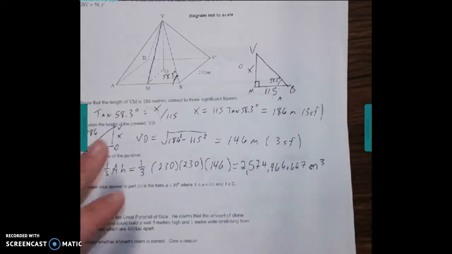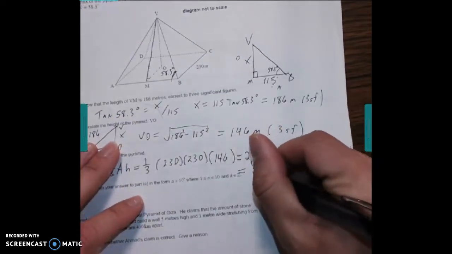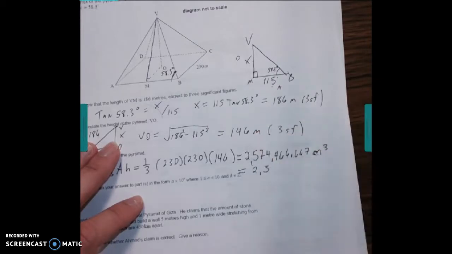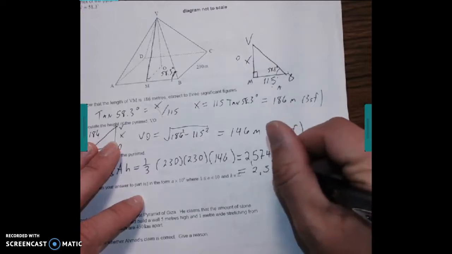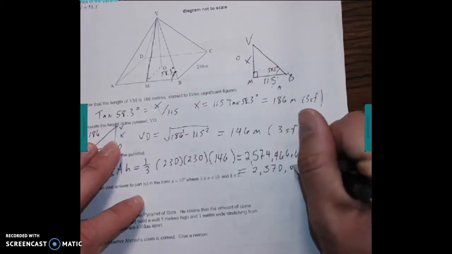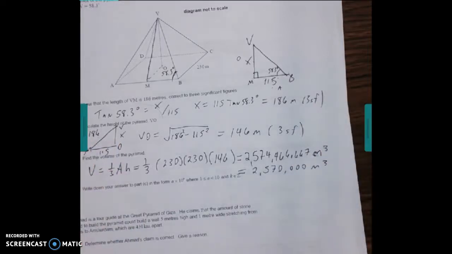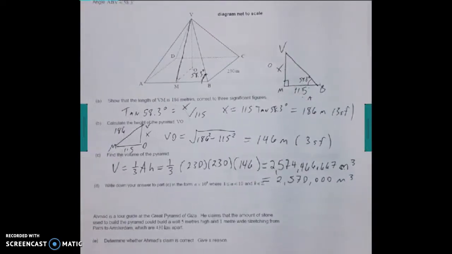So if you're going to round that to 3 significant figures, you would do 2,560,000 meters cubed, like that. Okay. So it's a big number. Lots of volume in there.